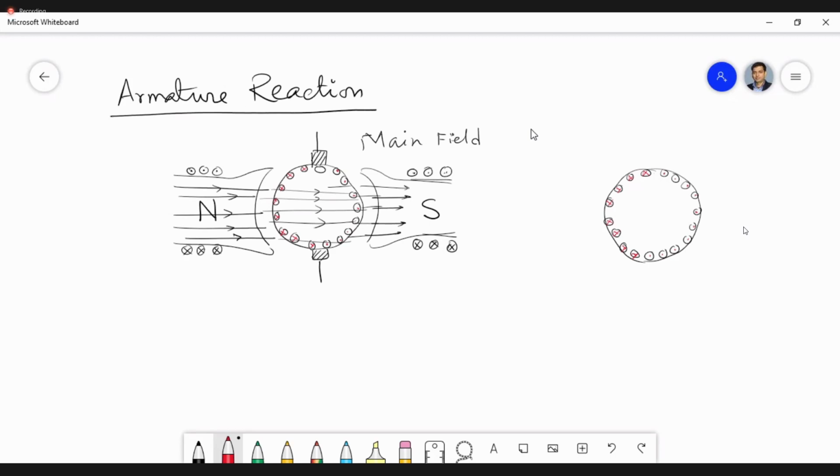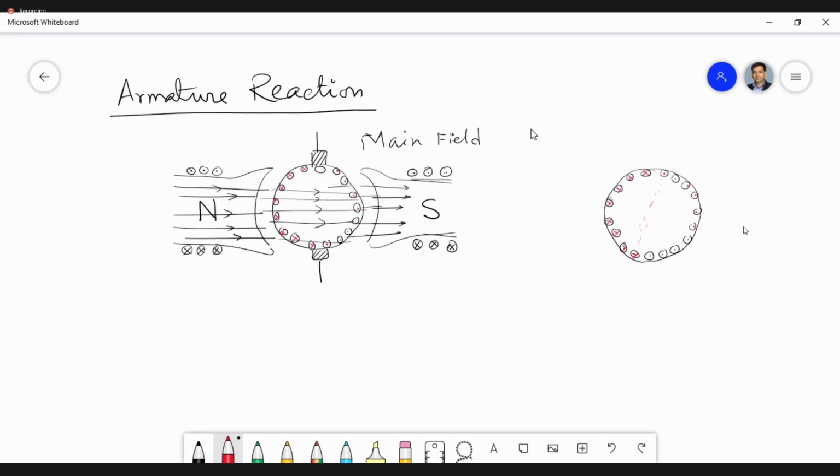Suppose if you take this particular coil, so suppose this is one portion and another portion just diametrically opposite. If you consider this particular coil, its axis will be like this, perpendicular to this, isn't it? Now, if we take another coil like this, its axis will be like this. So that means every coil has its own axis which is different from others.